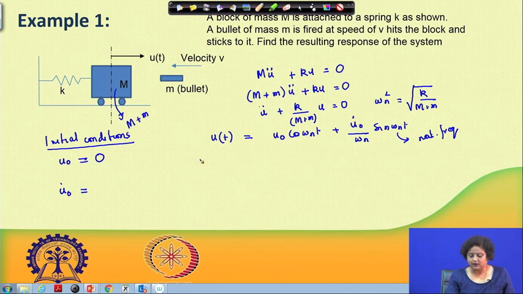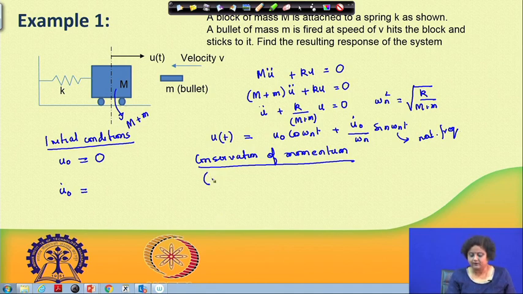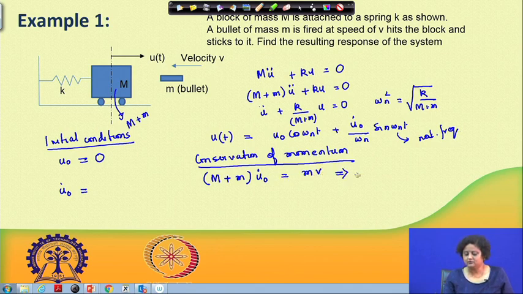To find u dot 0, we have to use conservation of momentum, because once the bullet hits the mass M, it imparts a certain velocity to the mass M plus m, and we have to find that velocity. So, by conservation of momentum, (M plus m) into u dot 0 is equal to m into v, which gives u dot 0 equals m v by (M plus m).